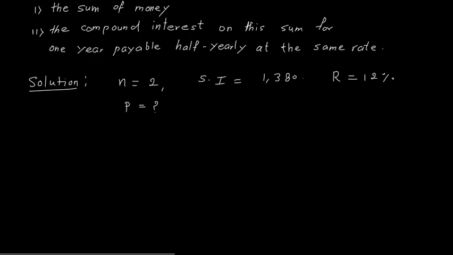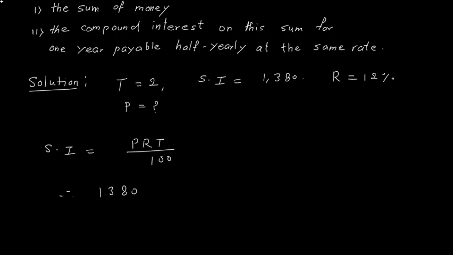So first of all we apply the formula for simple interest. Simple interest is equal to PRT upon 100, where T is time. So in place of simple interest, 1380 is equal to P into R, which is 12, into time, which is 2 years, divided by 100.